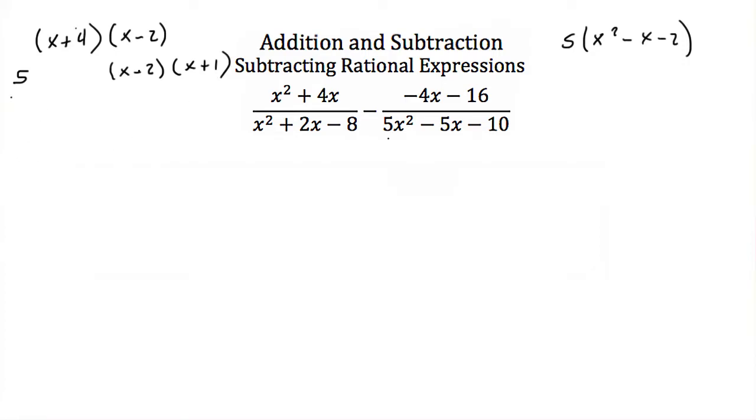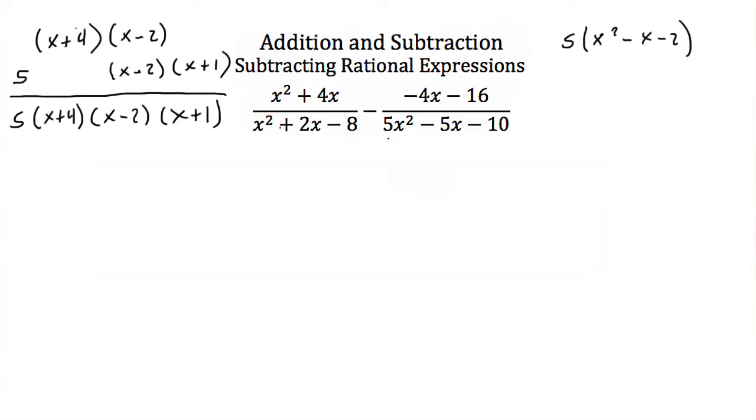So my least common multiple then will be 5 times x plus 4 times x minus 2 times x plus 1.